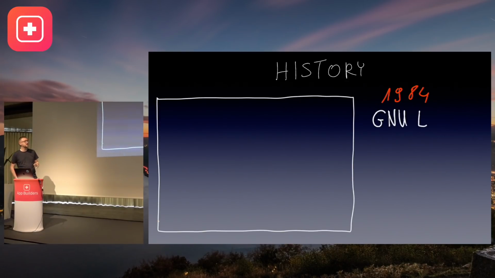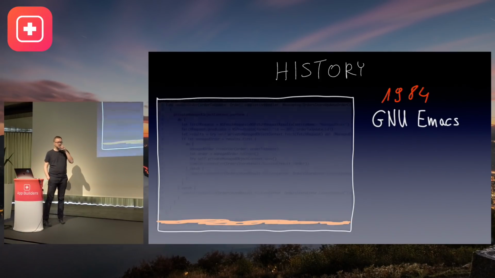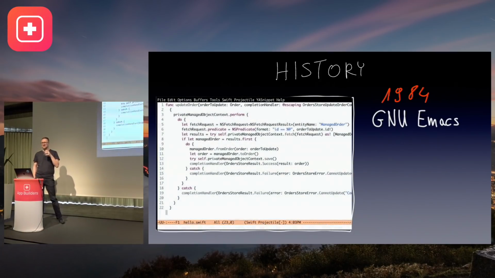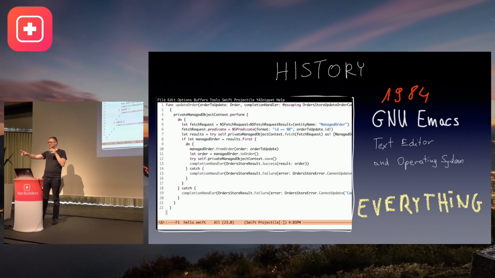Then 1984, same year, but that was a revolution. Do you use Emacs in 2019? There's a guy. You? Okay, so apparently Emacs is still very popular because Emacs is, like I said, everything.